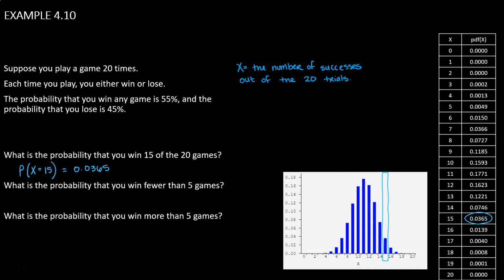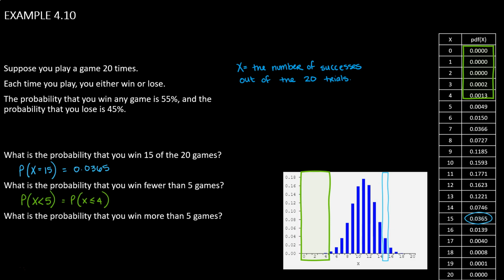What about the probability that you win fewer than 5 games? Well, fewer than 5 games, looking at our table, would be winning 0, 1, 2, 3, or 4 games. We wouldn't include 5 here because 5 is not fewer than 5. So maybe instead we want to write our notation as the probability that x is less than or equal to 4.